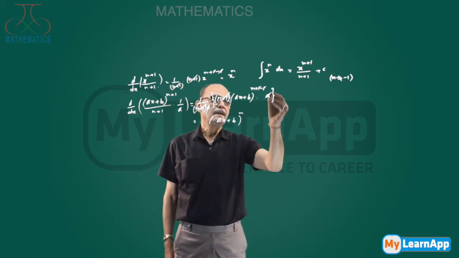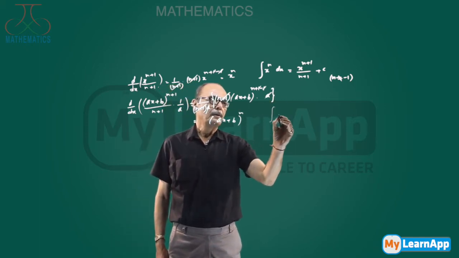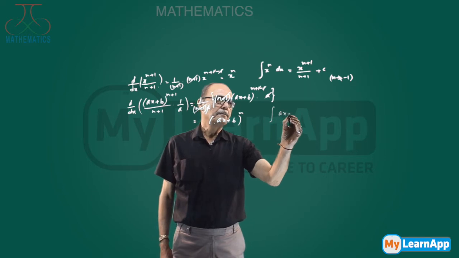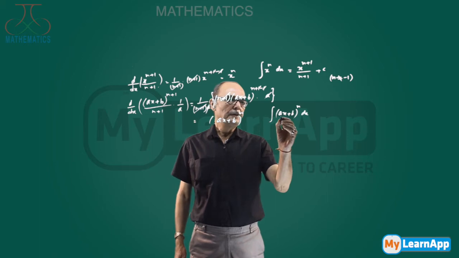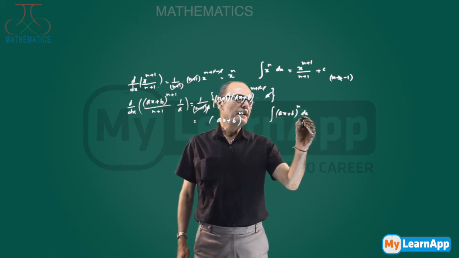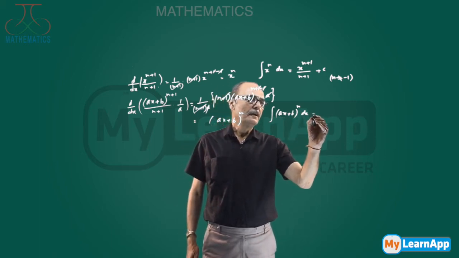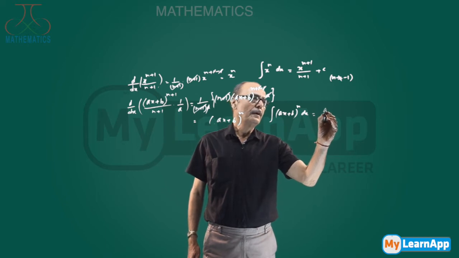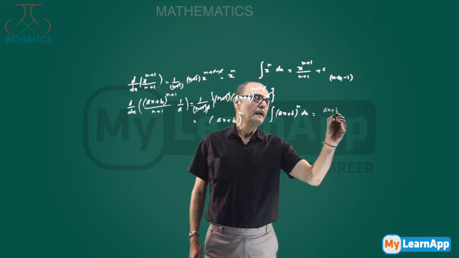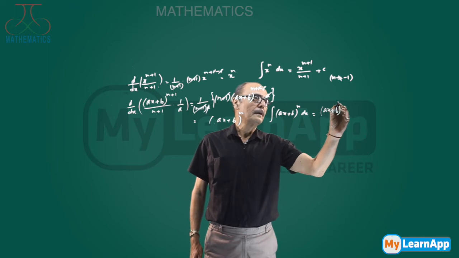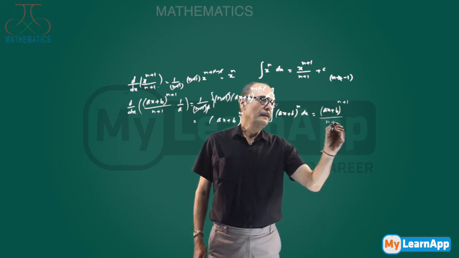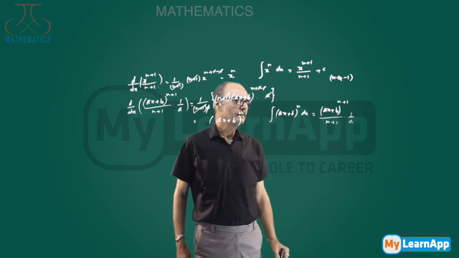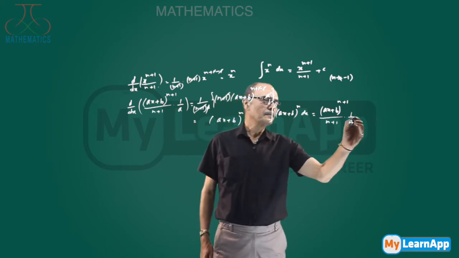Proceeding in the same way here, the integral of ax plus b raised to power n dx is equal to ax plus b raised to power n plus 1 divided by n plus 1, divided by the coefficient of x, that is a, plus constant c.